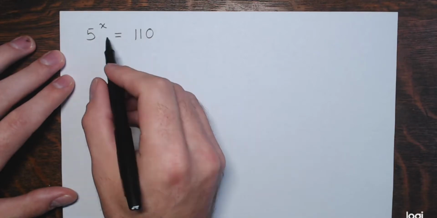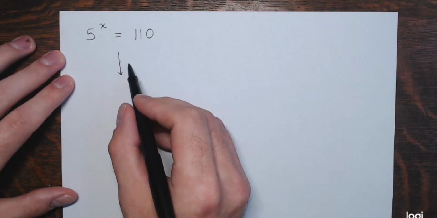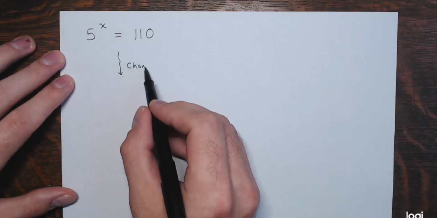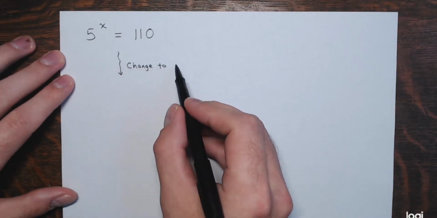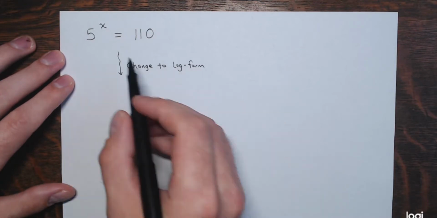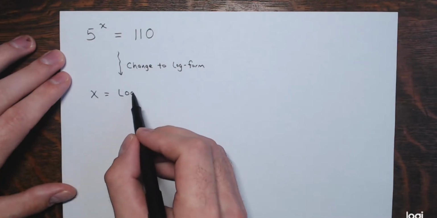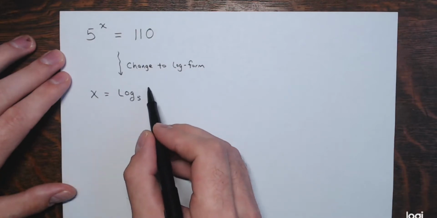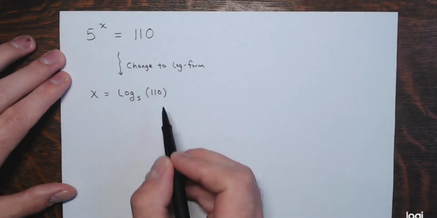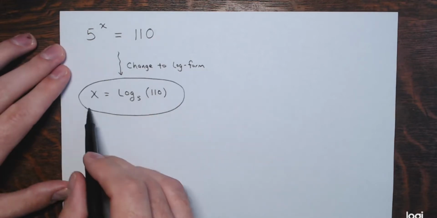So if I want to solve for that variable very quickly, I can just change to logarithmic form, and that would be x equals the log base 5 of 110. And there's our solution. x is solved for, x is alone.